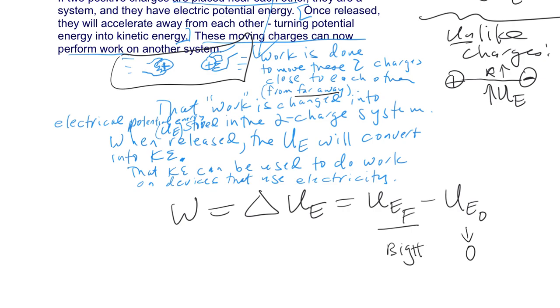A big number minus 0 is always going to be positive. So I do positive work. An external force does positive work in order to bring two like charges together.